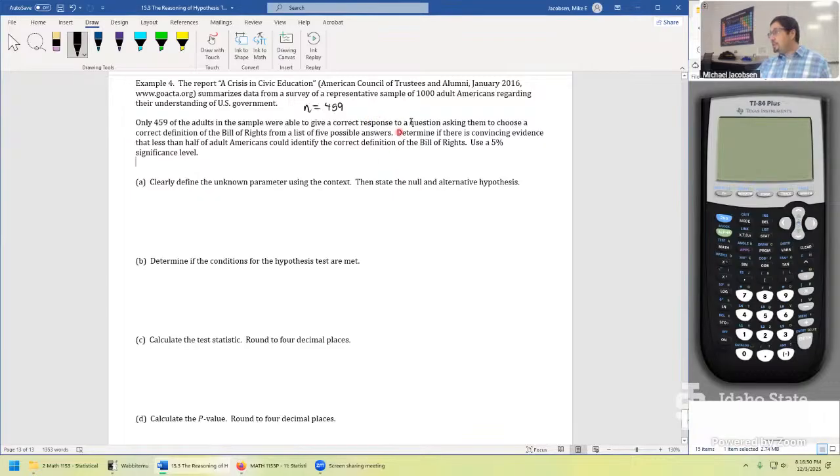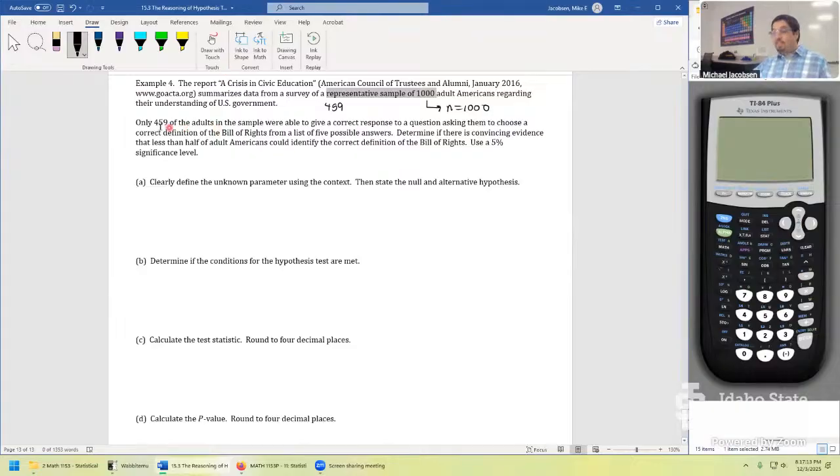The sample was, oh, hang on, I think I made a mistake here. I said the sample size was 459 adults, but I should have focused on this part. It was a random sample of 1,000 adults, so that was an error. 459 is the number of successes. N equals 1,000 is the sample.